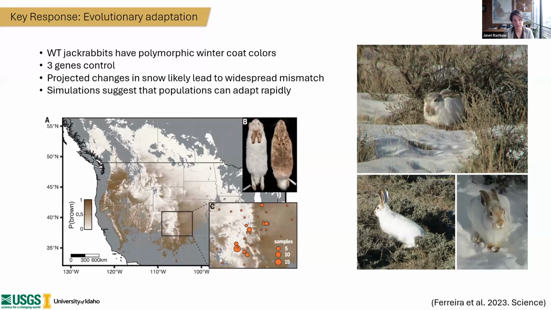Those simulations suggest that populations should be able to evolve fairly rapidly to develop and retain a greater percentage of that brown coat color during the winter when they have less snow on the ground. So it's a story about how species, if there is genetic variation in the population, can adapt to these changes in ways that might allow them to persist even under pretty remarkable changes in their environment.